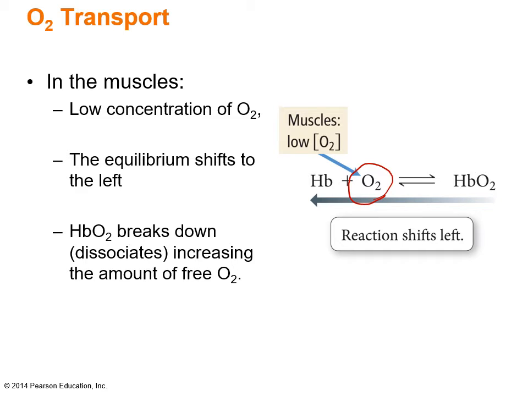It's going to release the free oxygen, allowing our cells to use it. It's going to dissociate, break the bond between the hemoglobin and the oxygen, increasing the amount of free oxygen, and allows that hemoglobin to travel back to our lungs to be used again to bring oxygen to the muscles.